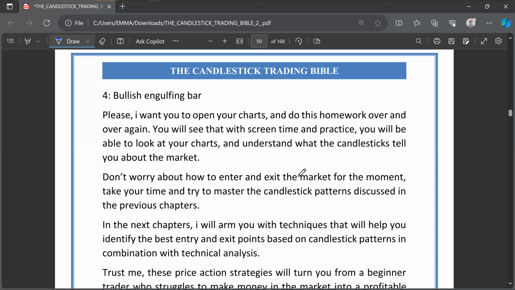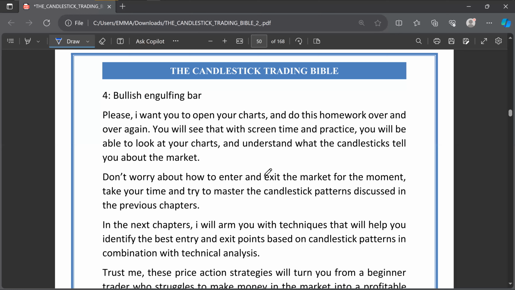So that's what we call screen time. You are constantly stuck to your screen, your phone, your PCs, whatever screen that you are using. And so with practice and watching all these things, you understand what the candlesticks tell you about the market.